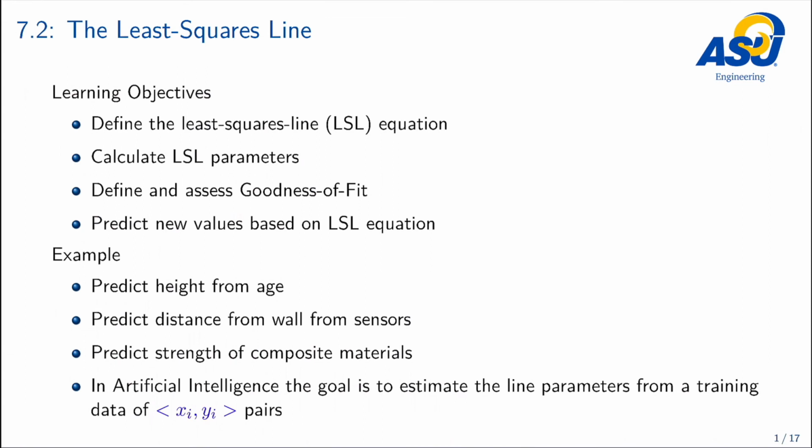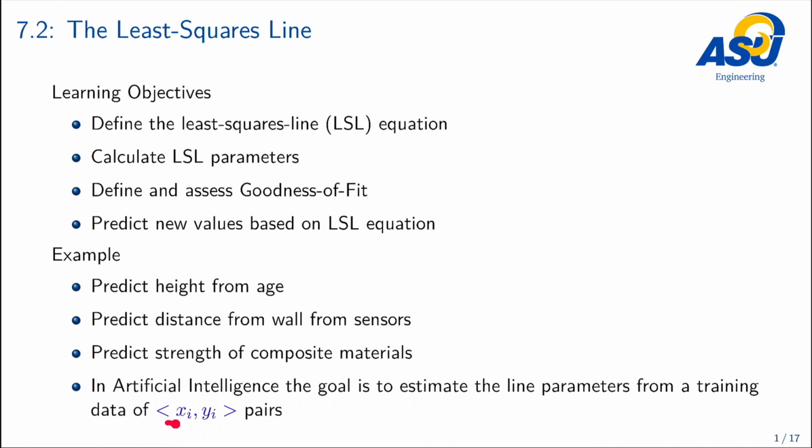Examples and applications of the LSL approximation are to predict the height from edge, to predict the distance from wall from sensors, to predict the strength of composite materials, and in general in artificial intelligence, the goal is to estimate line parameters from training data.